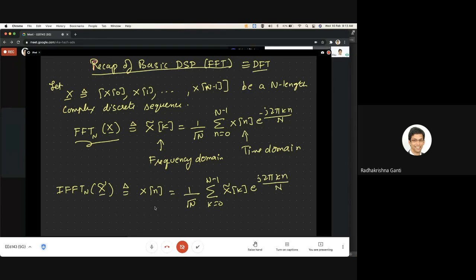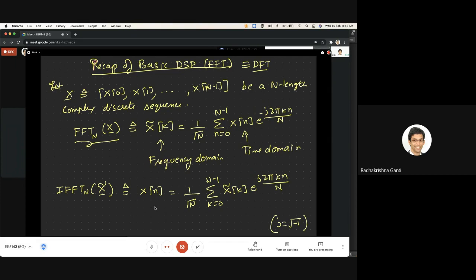The only difference between this and the FFT is a minus sign here; there is no minus here. j is nothing but square root of minus 1, a complex j. Instead of calling it i, I am calling it j. Sometimes I use i, sometimes I use j. So just to recall, j is equal to square root of minus 1.